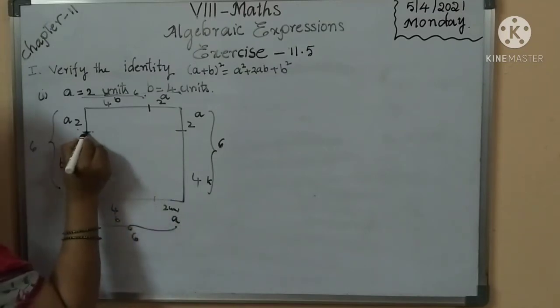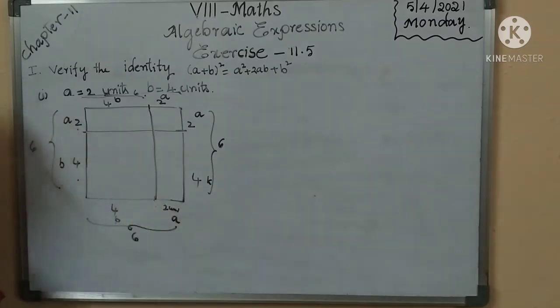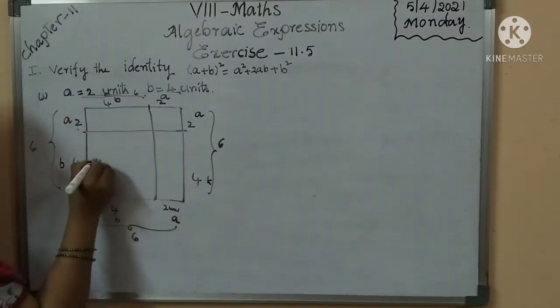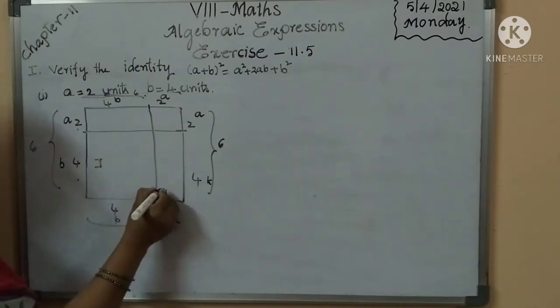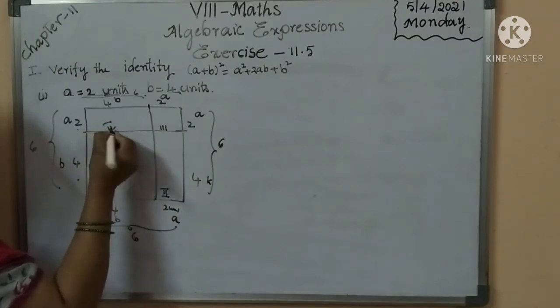Here the square is divided into 4 equal regions. It is the first one, the second one, the third one, and the fourth one.